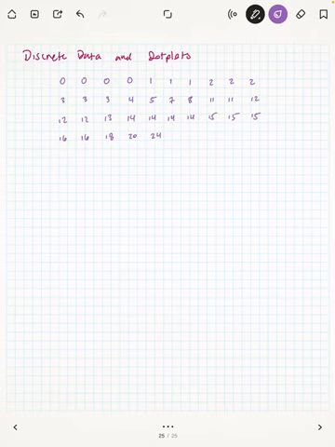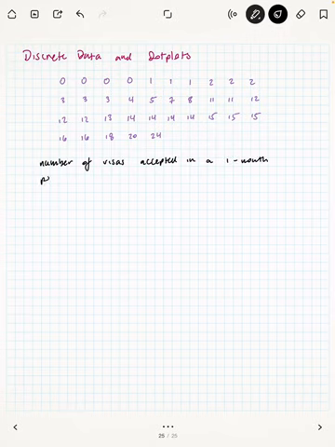So to motivate that idea, I have here a sample data set of the number of visas. Visas are legal documents that allow somebody to emigrate a country, accepted in a 1 month period at a particular immigration office.